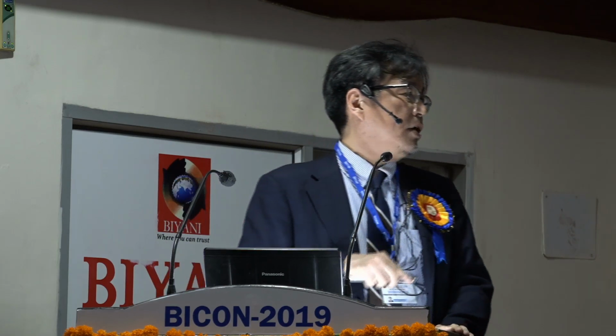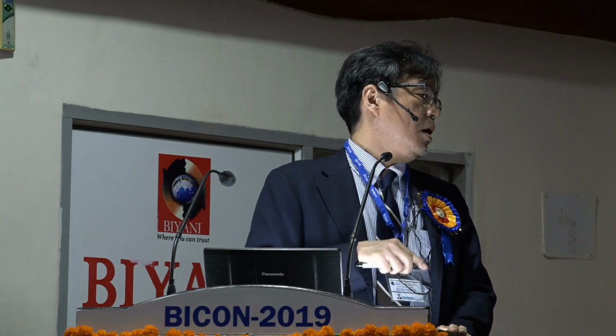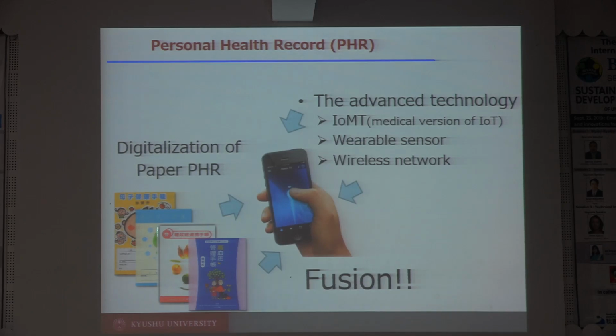This is PHR, on a smartphone. We have a paper notebook. This is paper PHR, personal health record. So diabetes PHR, hypertension PHR, and drug PHR are divided paper systems. But we can integrate them into this smartphone.